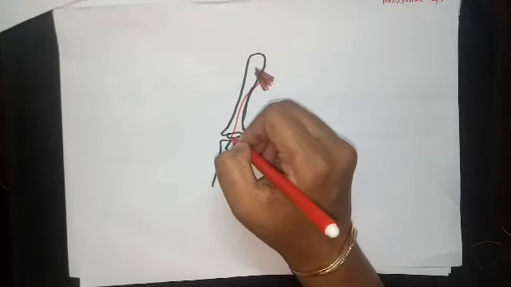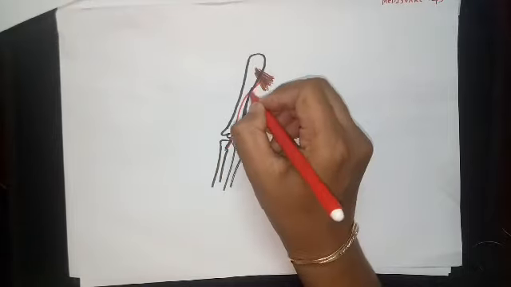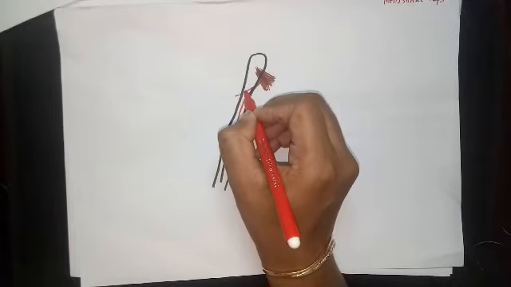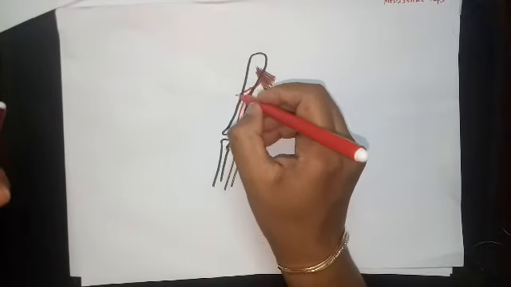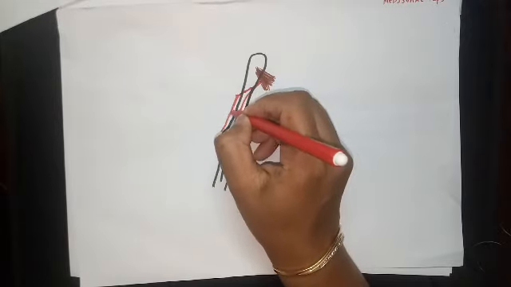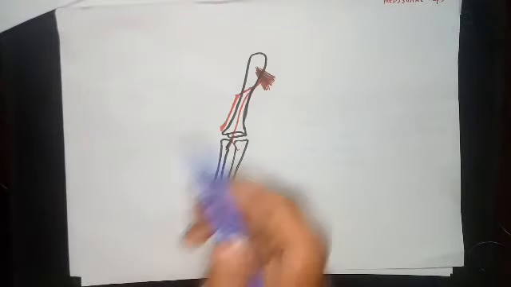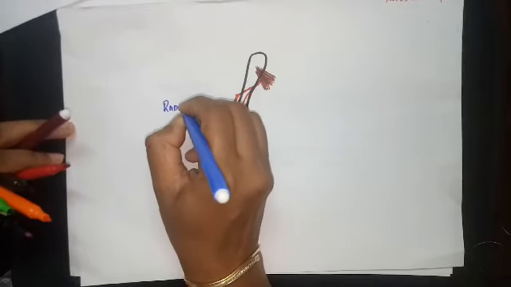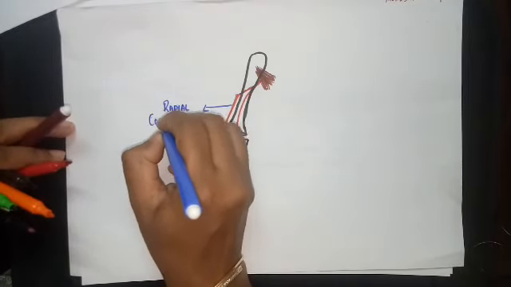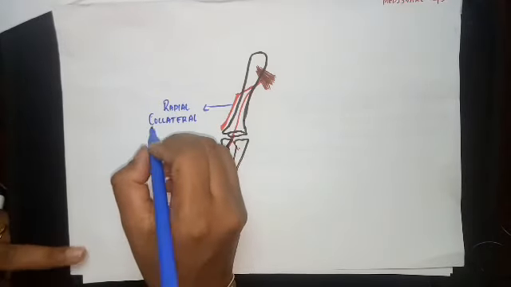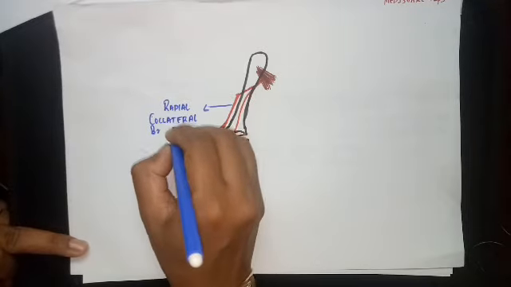Brachial artery gives out a branch which is known as profunda brachial artery. So the profunda brachial artery gives rise to a branch which is known as the radial collateral branch. This is known as radial collateral branch of profunda brachial.